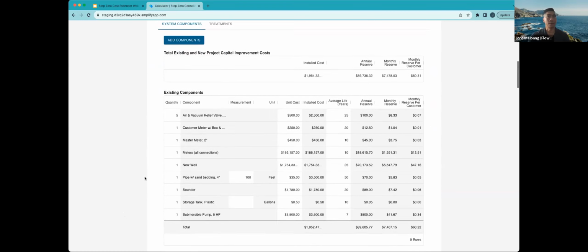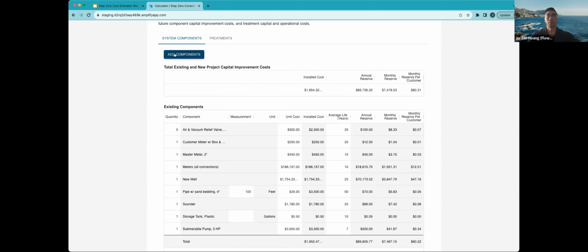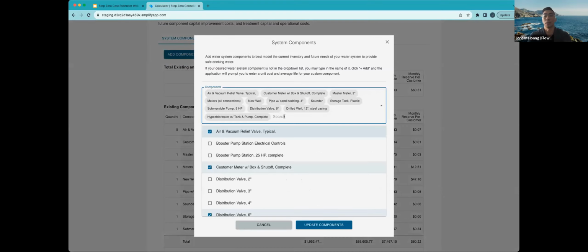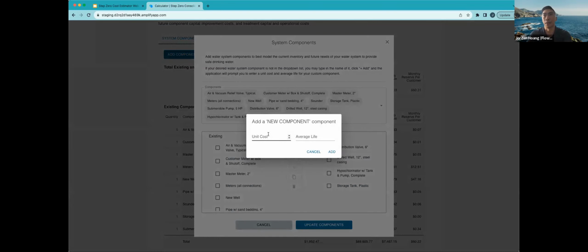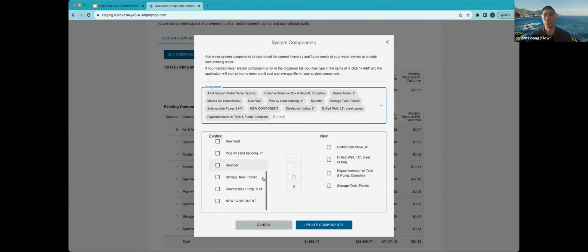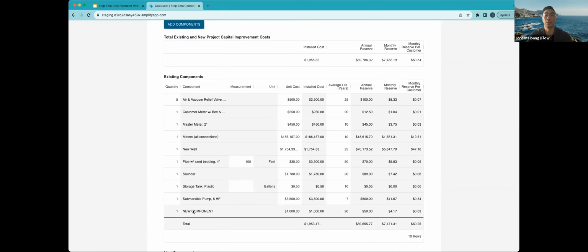Yeah, I know there's a lot of information on this panel, and one thing I didn't show was, again, the idea that if it's not in the data set that we're using, we try to add that flexibility of being able to add it into the application, just as a way of trying to be as accurate as we can. So there's the ability to add in your own components if you have that information.